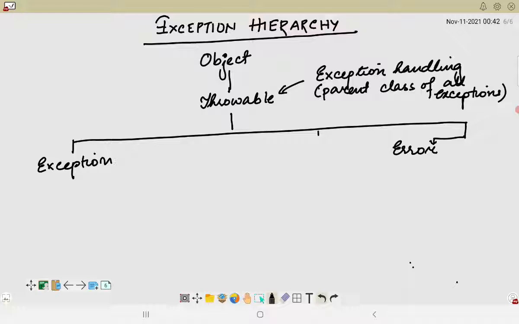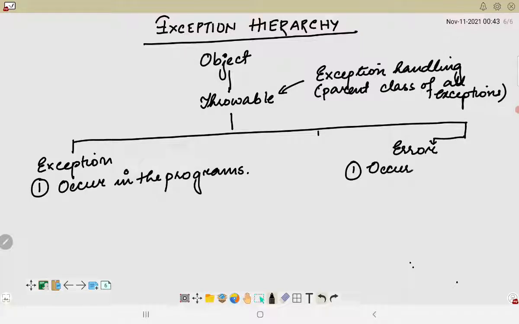So the first important point is, exceptions occur in the programs, or due to the programmer's logic. However, if we are considering errors, errors occur because of the lack of system resources.